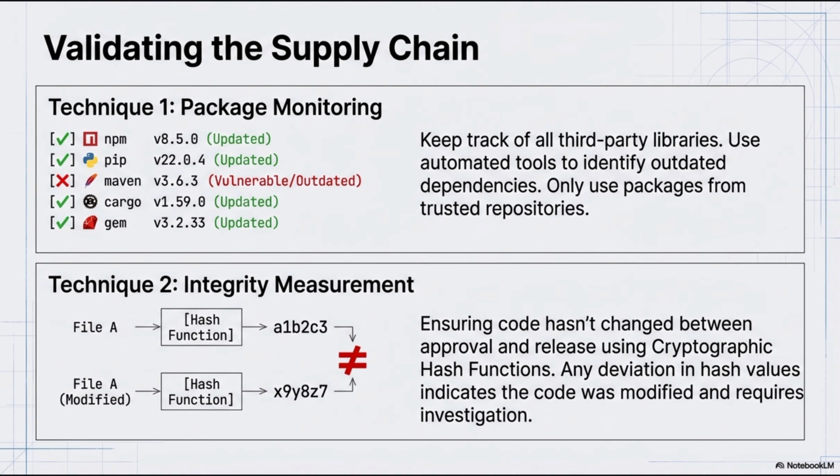Any deviation in hash values indicates the code was modified and requires investigation. So essentially, they'll hash the code once they finish writing it, and then you would hash the code yourself once you get it and compare those two. They should be the same because hashing is deterministic, but if they're not, then you know something went wrong.